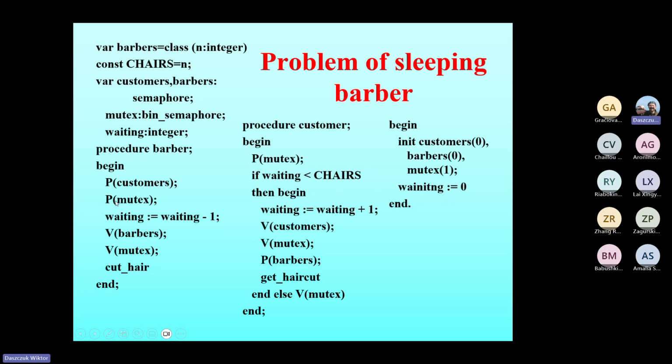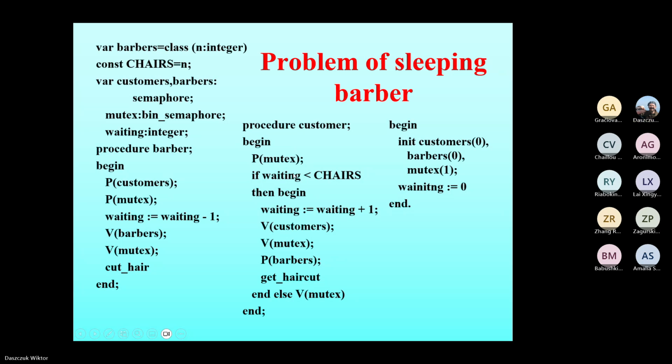Okay, let's look at the operation of this barber shop. A client comes to the barber shop and increments the number of waiting customers under mutex. Here it increments, but not over chairs.